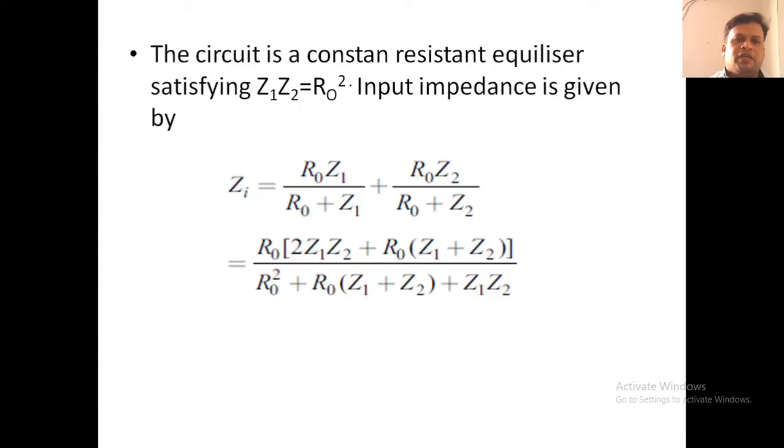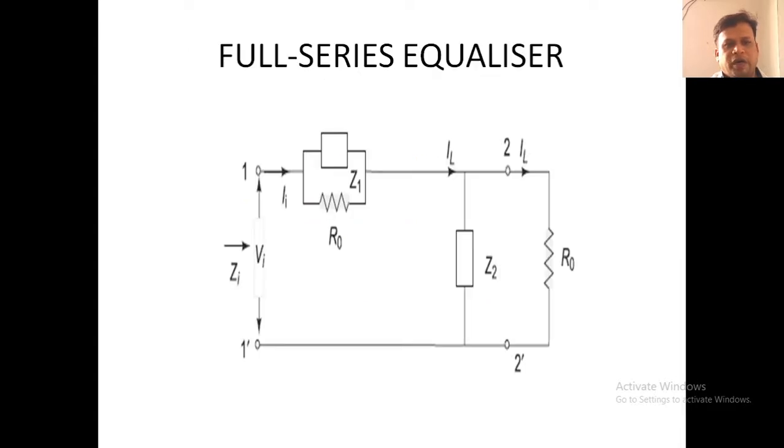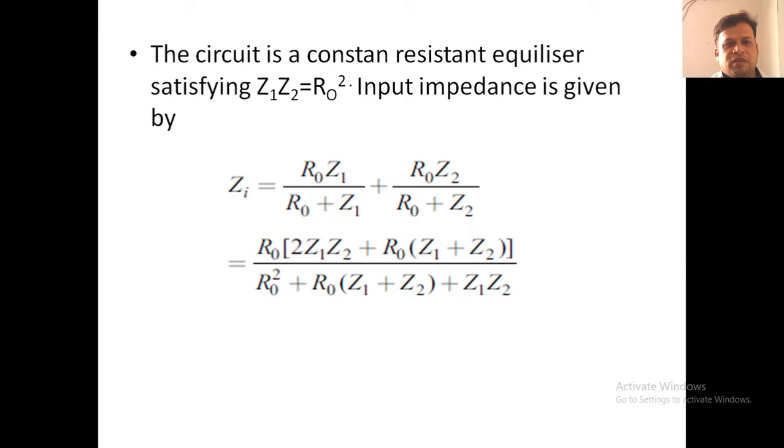So the circuit contains a constant resistance equalizer satisfying Z1 Z2 is equal to R0 square. This relation should be satisfied, then the input impedance will be given by R0 into Z1 by (R0 plus Z1) plus R0 into Z2 by (R0 plus Z2).